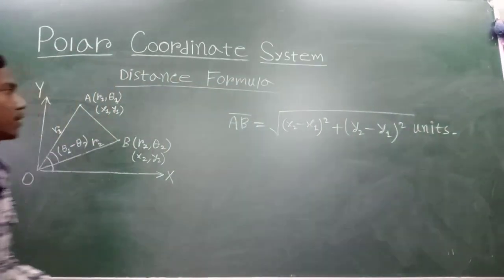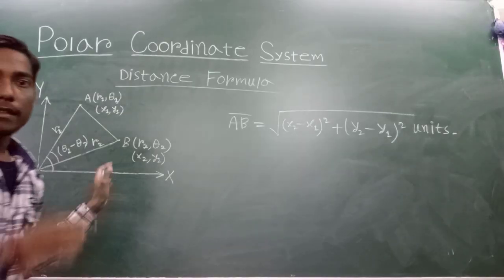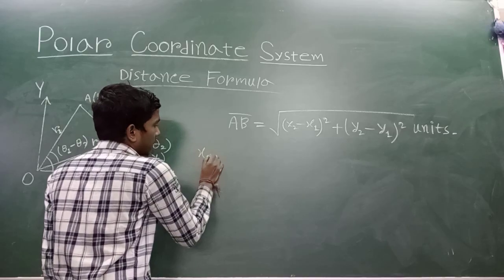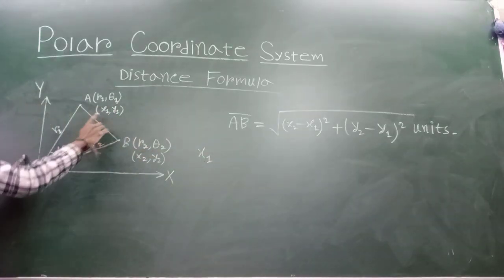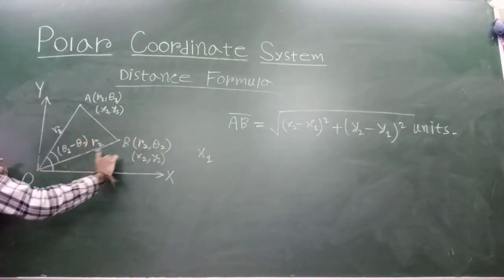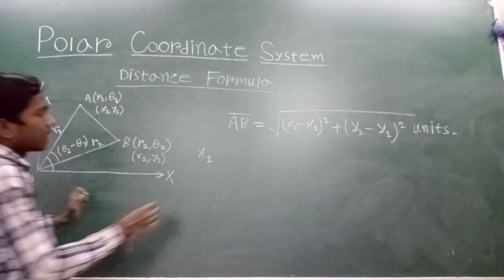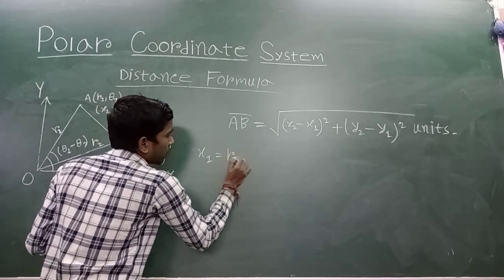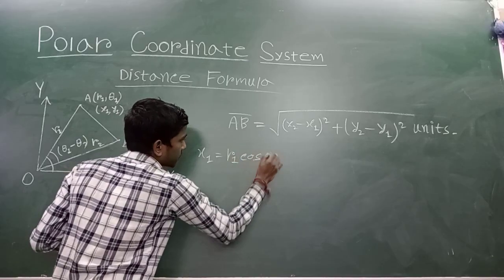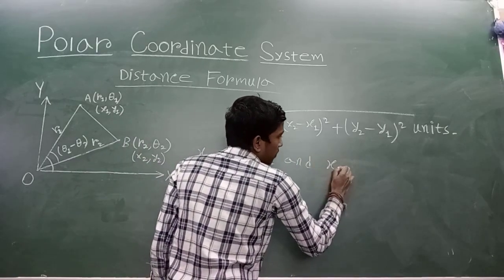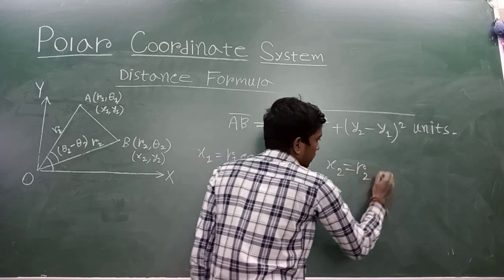Okay, so we know the relation between rectangular and polar coordinate systems. Thus, from this diagram, this length is r2, this length is r1, and this entire angle is theta 1. This angle is theta 2. So this angle is theta 1 minus theta 2. Now, x1 is equal to r1 cos theta 1, and x2 is equal to r2 cos theta 2.